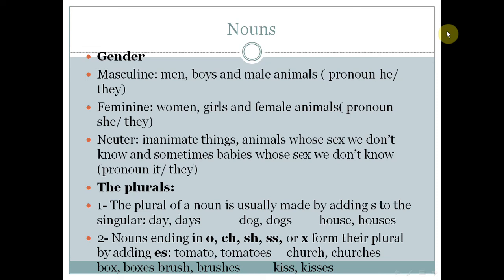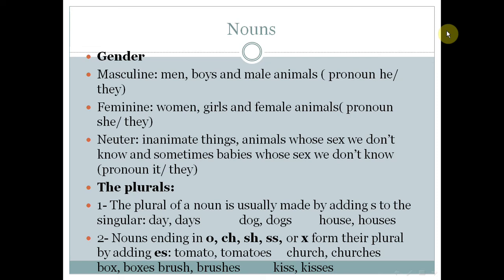Number 2, nouns ending in o, CH, SH, double S or X form their plural by adding ES.